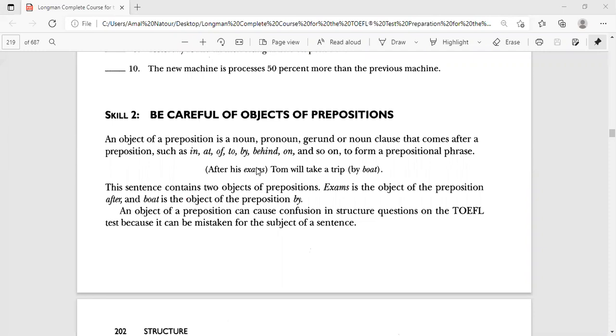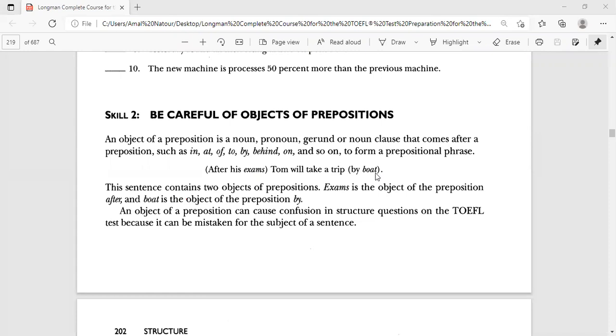Okay, then where is the verb? Where is the subject and the verb? Tom is the subject and will take is the verb. A trip is the object. Okay, and by boat, this is another preposition, and boat is another object of a preposition.